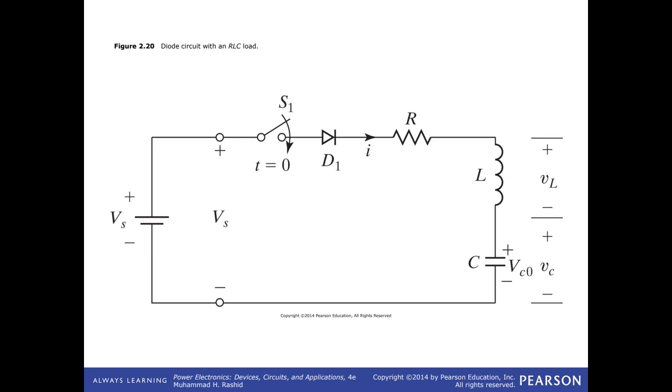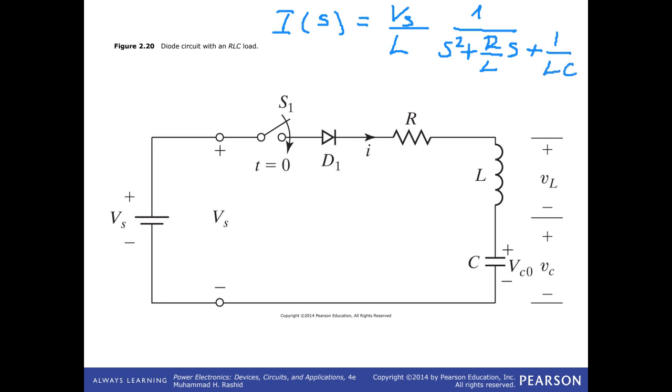I(s) is equal to Vs over L, S square plus R over L S plus 1 over LC. Now let's call this delta.